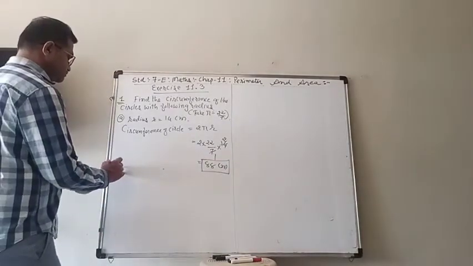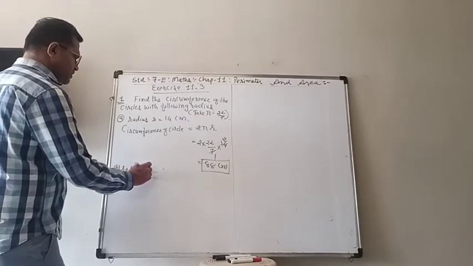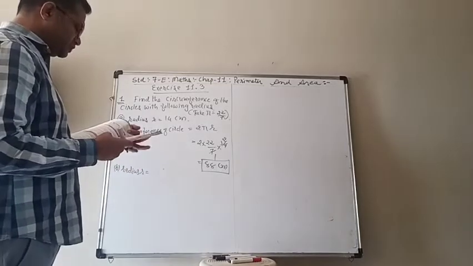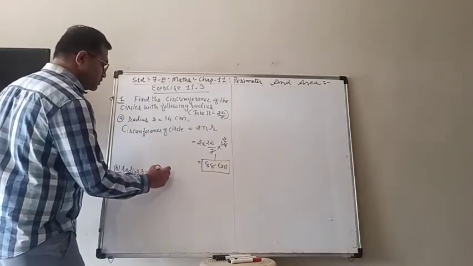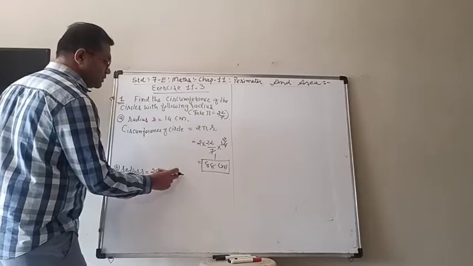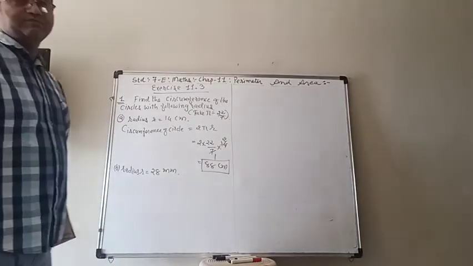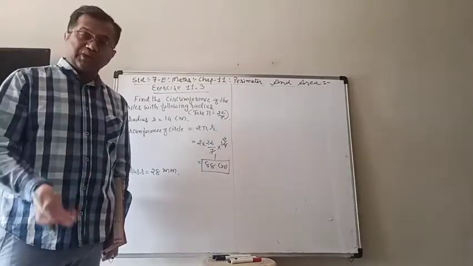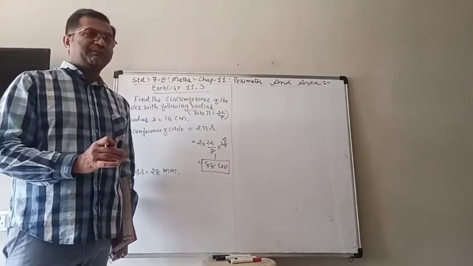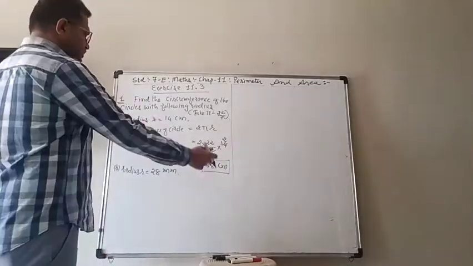Second one, in which what is the radius given? Radius r is equal to 28 millimeter. Whatever unit it is, the same unit will come in the circumference. In area, it must be square centimeter or square millimeter, but circumference is just a length, so the same unit will come.